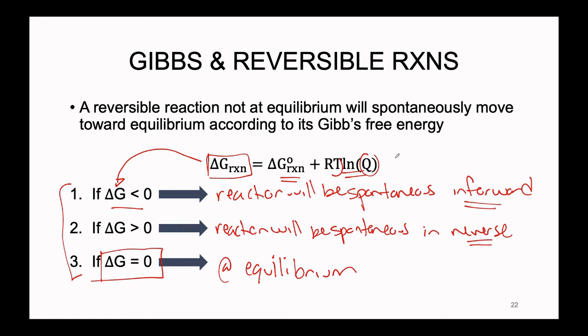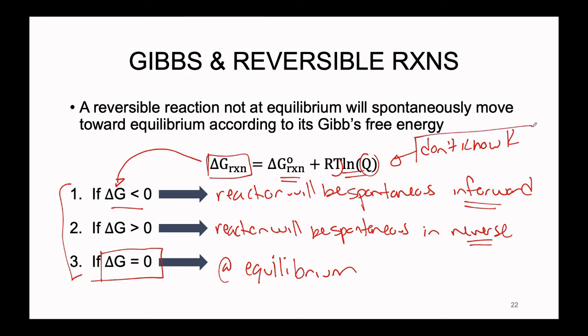All right, so when are these concepts going to be useful to us? You see that this new Gibbs free energy equation does have a reaction quotient in it, so you might be asking yourself, when would I want to use this instead of just looking at Q versus K, which is what we just talked about? Well, there are going to be situations where you don't know your equilibrium constant.